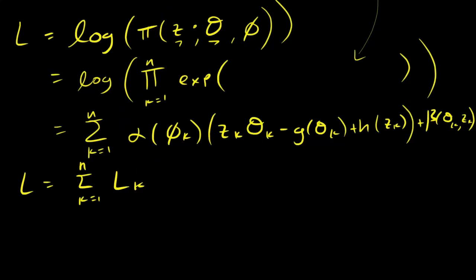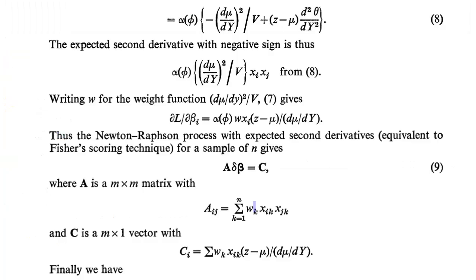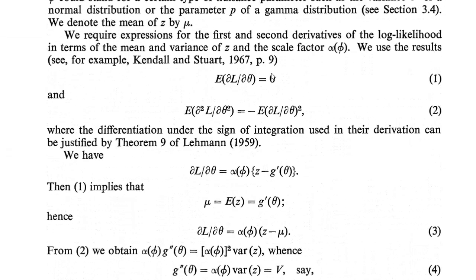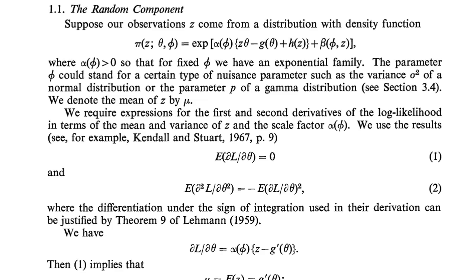Okay. So all the results of the paper, let me go back here, everything that you see here will still hold true, because when I take the sum of k or n individual likelihoods, it'll still equal 0. The sum here equals the sum there.